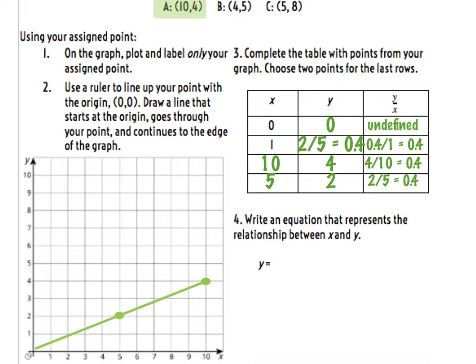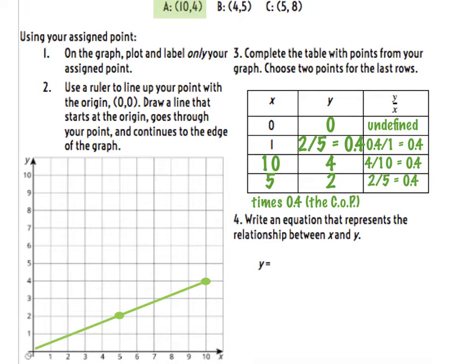We don't worry about that 0, 0 because it's always going to be undefined. So in order to find your unit rate, you need to look past 0, 0 at what other points are there, because 0, 0 is on every single proportional graph. So now I know that I can multiply by 0.4 or 4/10 across the table. That means that's my constant of proportionality here, going from x to y.